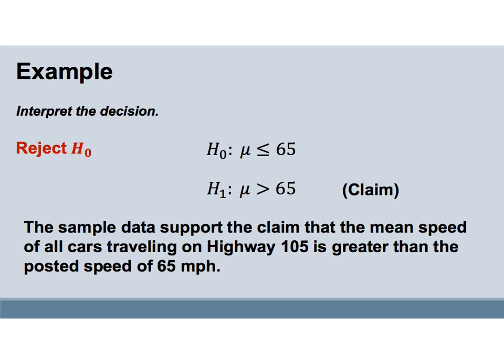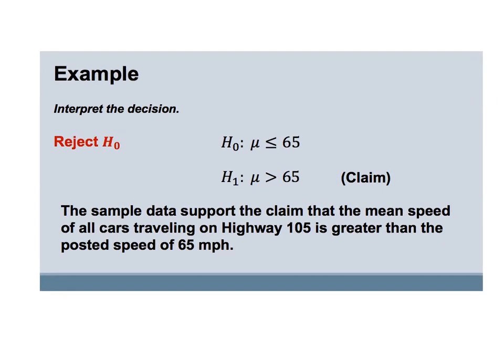So I start the same way. The sample data support the claim that the mean speed of all cars traveling on Highway 105 is greater than the posted speed of 65 miles per hour. They won't always start that way. It just so happened that both of these had the alternative as the claim, and we rejected the null on both of them.